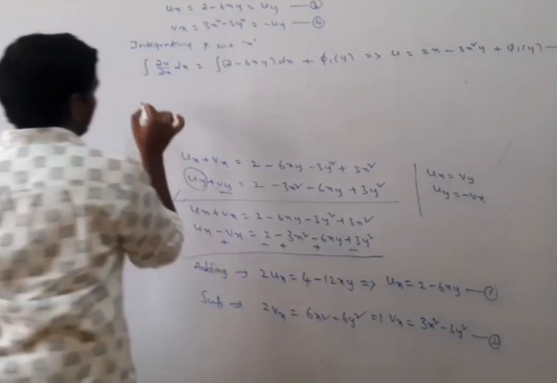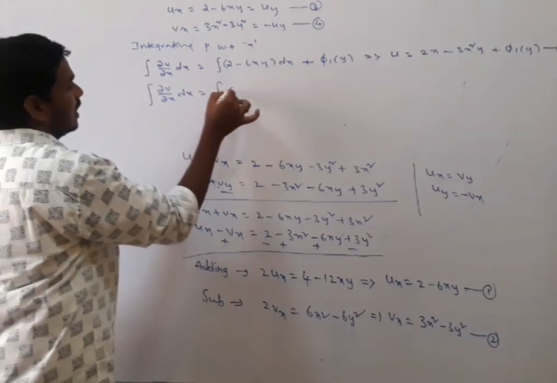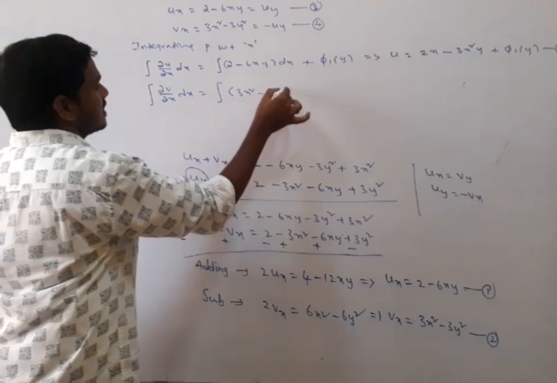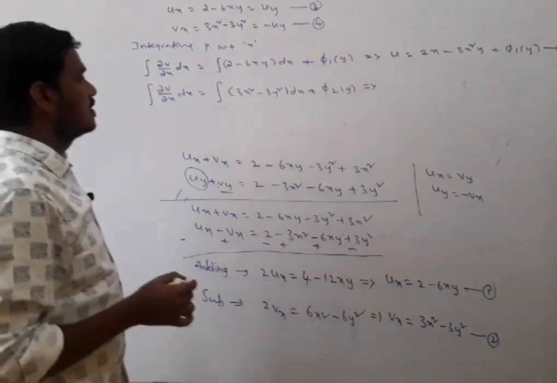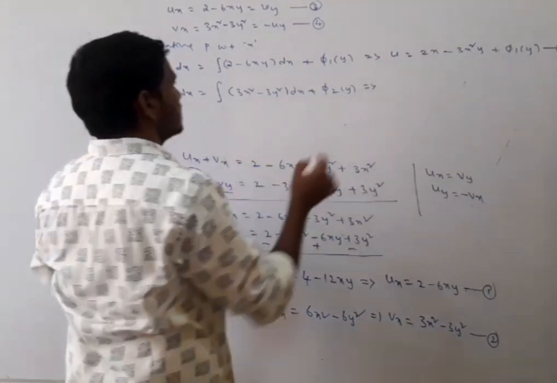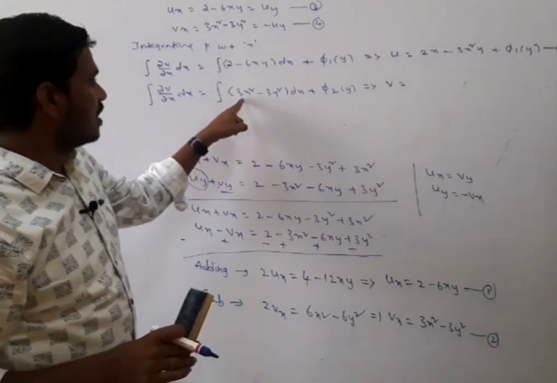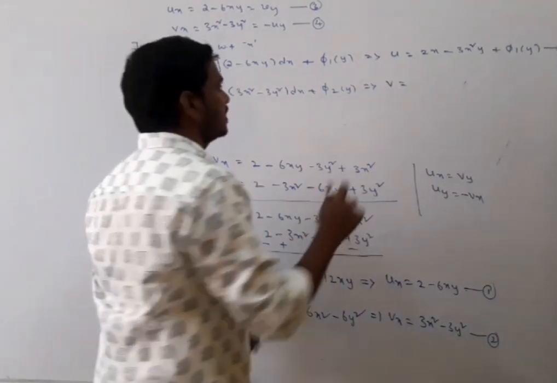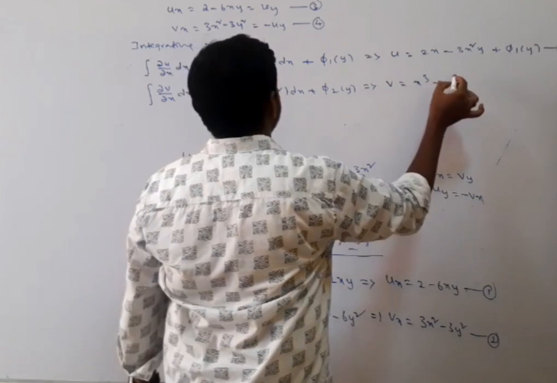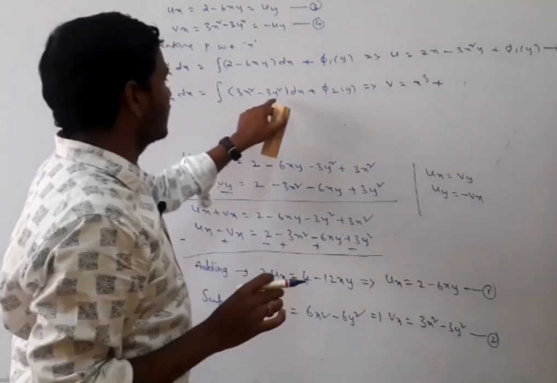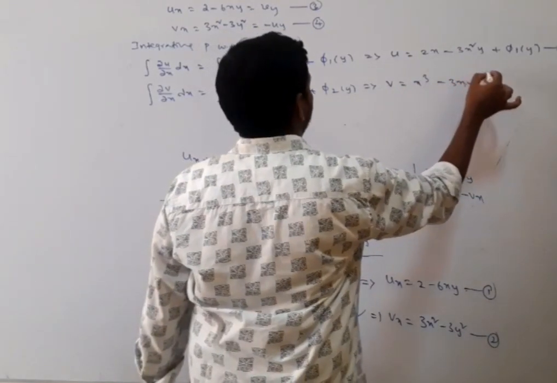Next, integrating v also: integrating dou v by dou x dx, integrating 3x square minus 3y square dx plus pi 2 of y. That implies, integration and differentiation get cancelled, v is equal to 3x square dx, that is 3x cube by 3, this is x cube, minus 3y square, keeping y as constant, minus 3xy square, plus pi 2 of y.